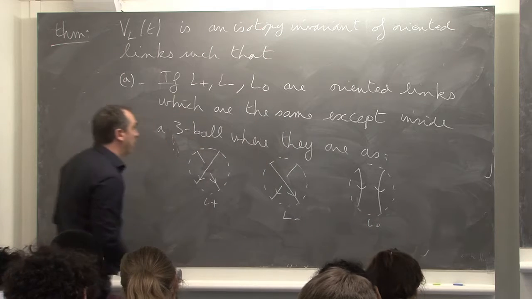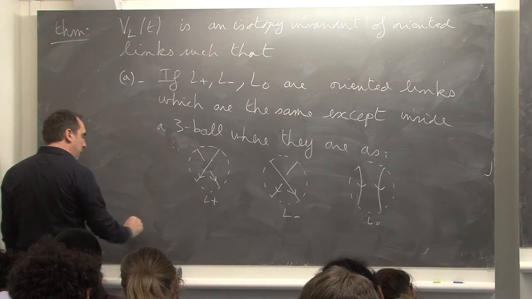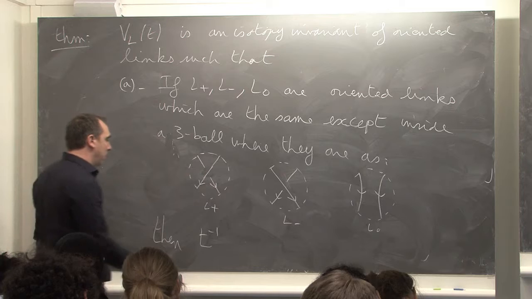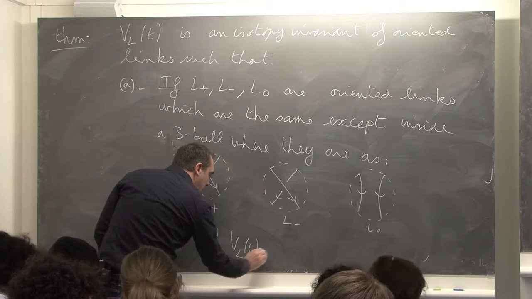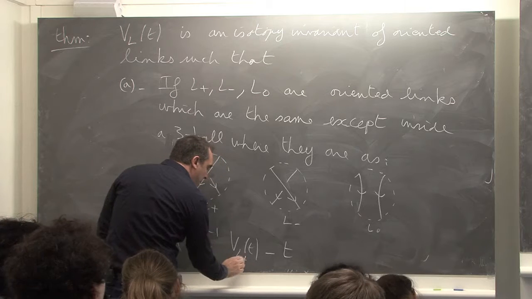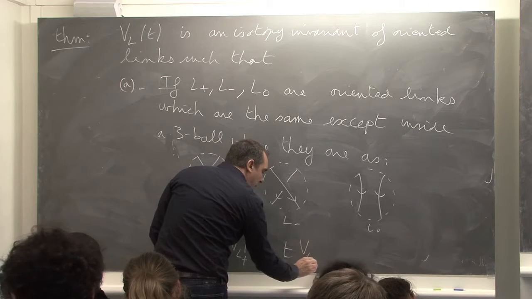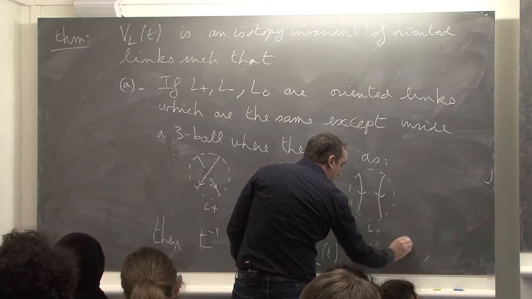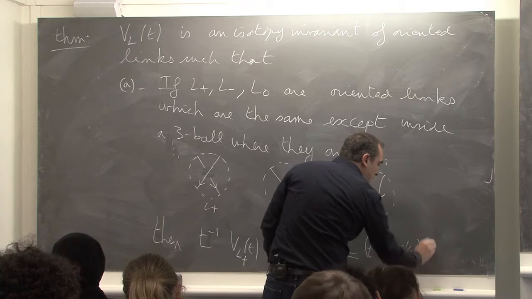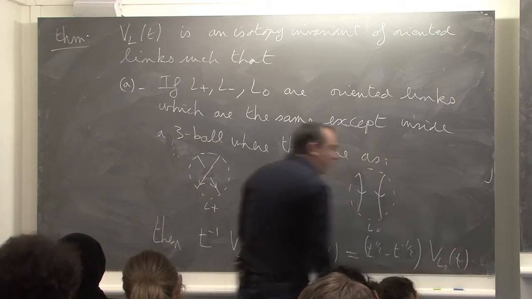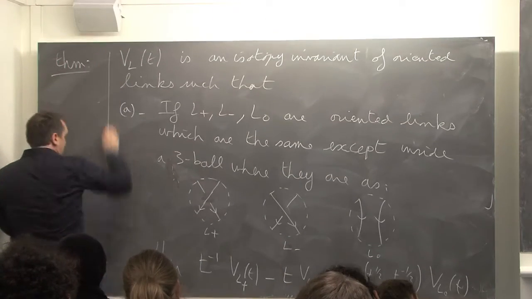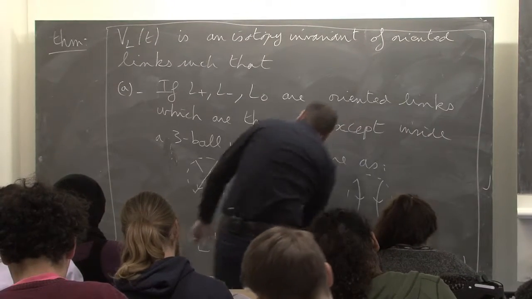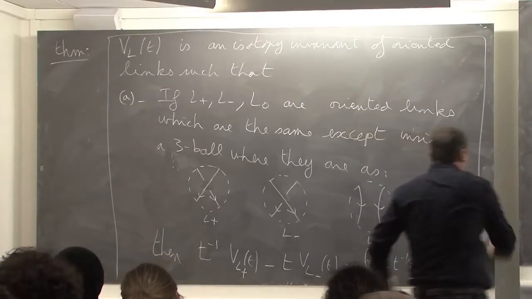So if we are in a situation like this, then we have this so-called skein relation: T inverse V of L plus of T minus T V of L minus of T is equal to T to the 1 half minus T to the minus 1 half times V of L0 of T. So the Jones polynomial satisfies this skein relation.